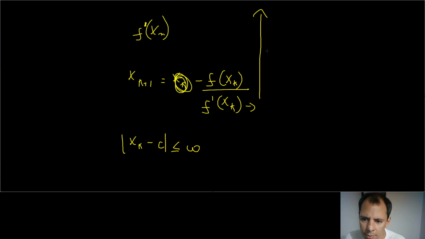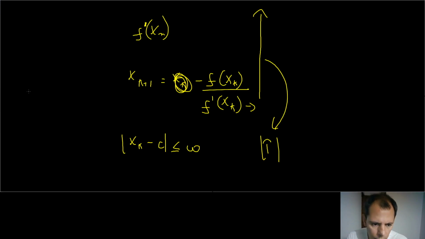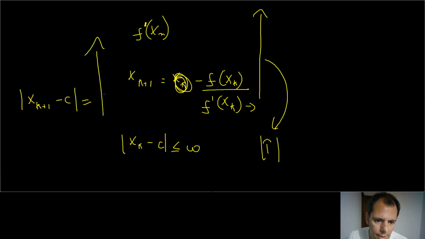So what's the implication of that? x sub k plus 1 minus c is just going to be huge, way greater than omega.